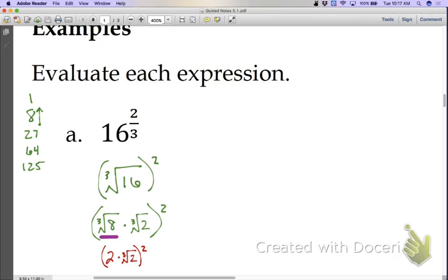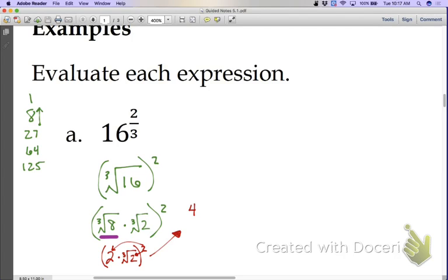Now, from here, the reason why I put the 2 on the outside, from what we did before break, what's 2 squared? What's 2 times 2? Anybody want to take a shot at that one? 4, there we go. Now, I'm going to do the same thing with that 2, but I'm going to put it inside here.